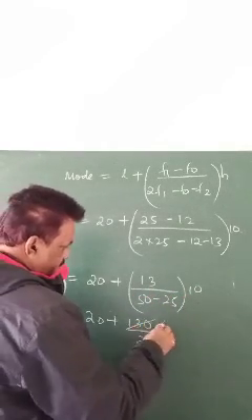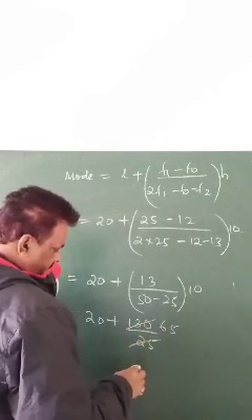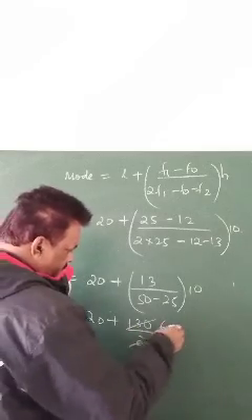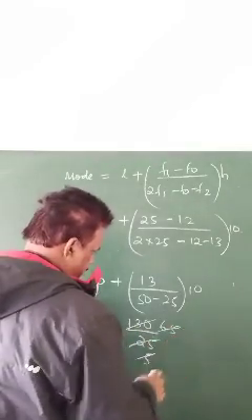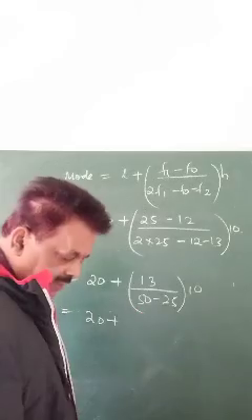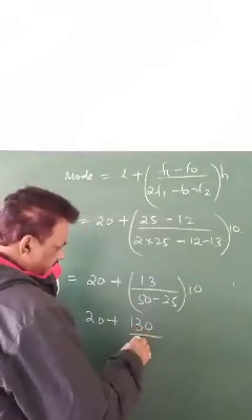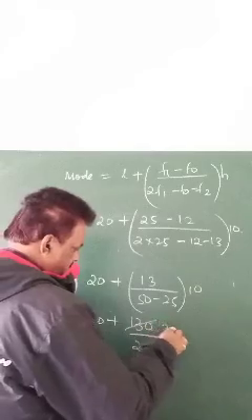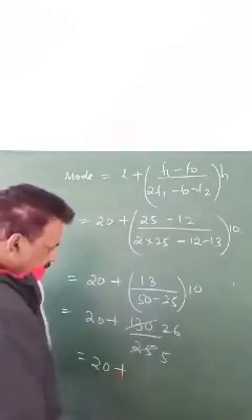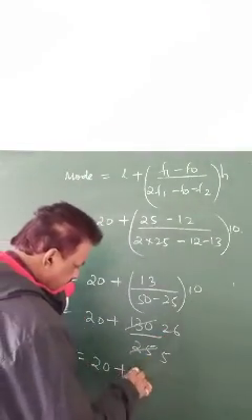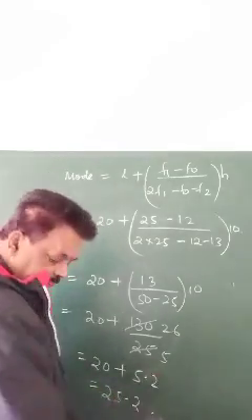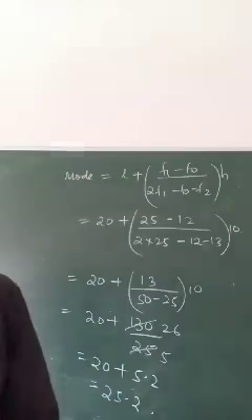You can cancel with 5, 26 by 5. 20 plus 26 divided by 5. 5 fives are 25, remainder 1, so 5.2. So the mode is 25.2.